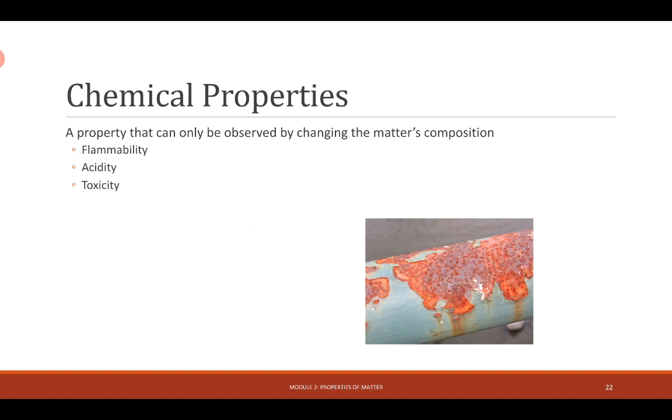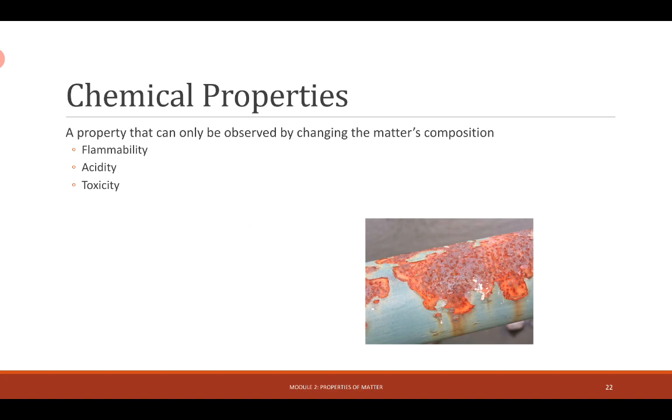Chemical properties refer to properties that can be observed only when we're changing a matter's composition. So it's like how flammable something is, how acidic something is, or how toxic something is. Those have to relate to how those molecules participate in chemical reactions.